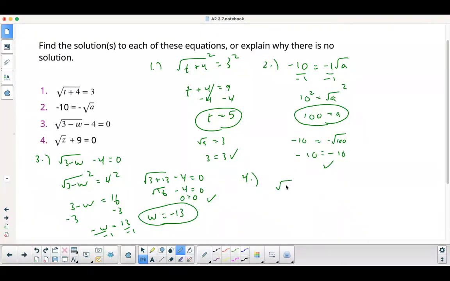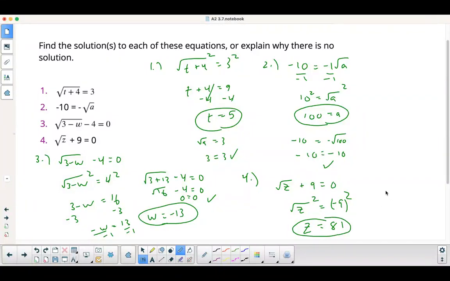Last one. Square root of z plus 9 equals 0. Move the 9 over to the right. Subtract it from both sides. Square both sides. I get z equals, let's put in parentheses there, z equals 81.